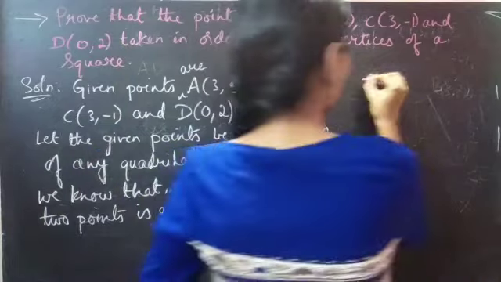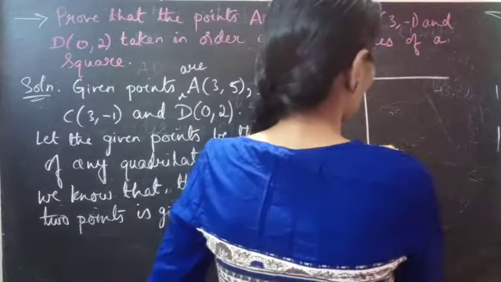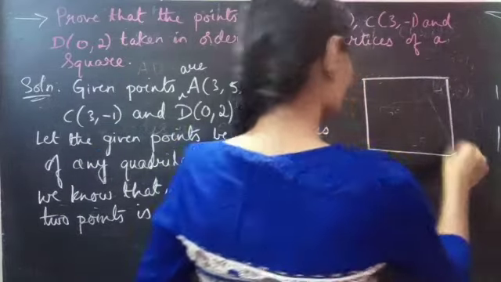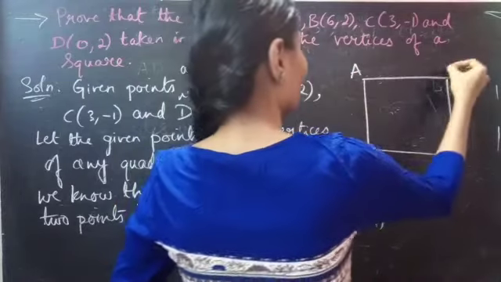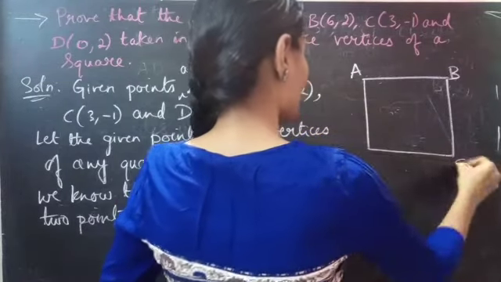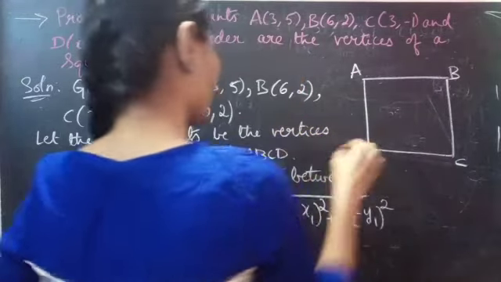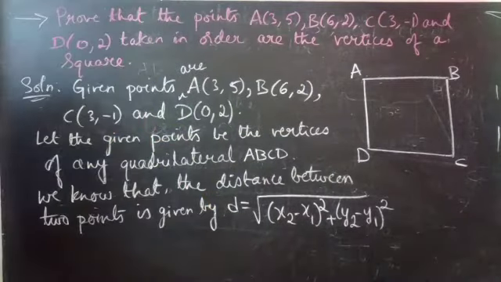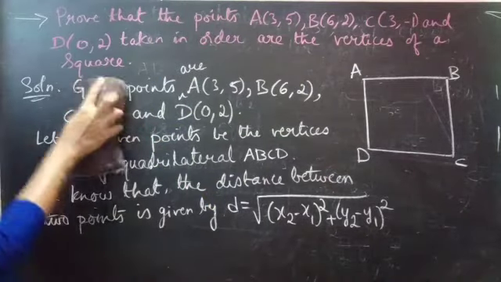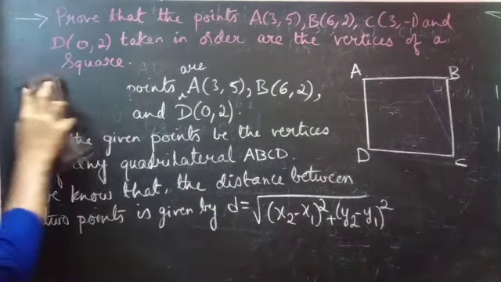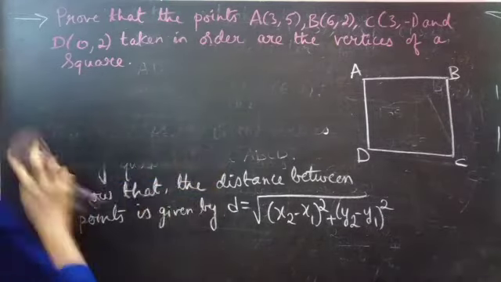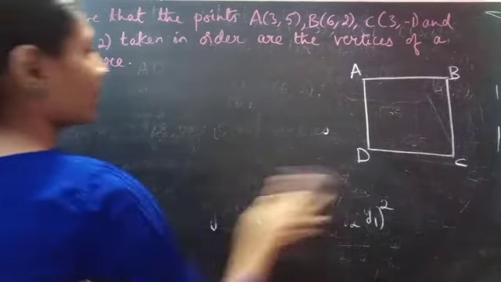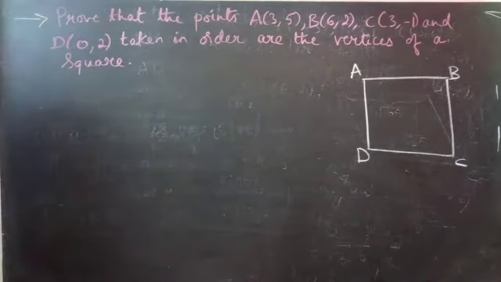Okay. So let us consider a quadrilateral A, B, C, D. So here we are going to find the distances of AB, BC, CD and AD.